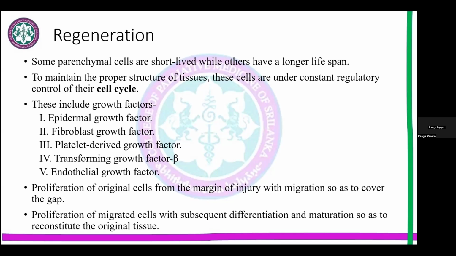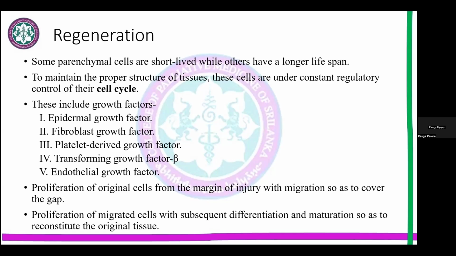Proliferation of organ cells in the margin of the injured part will come close together, and that will cover that gap. The proliferation of migrating cells is obviously going to differentiate and mature, and they will restore the complete organ.